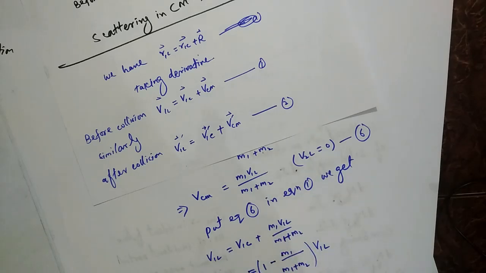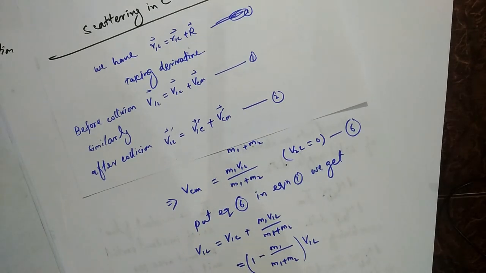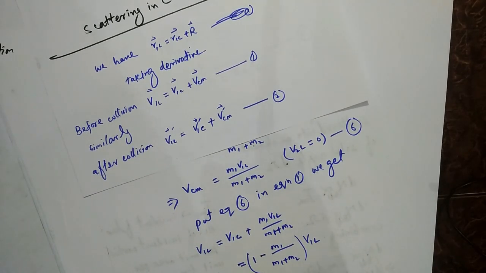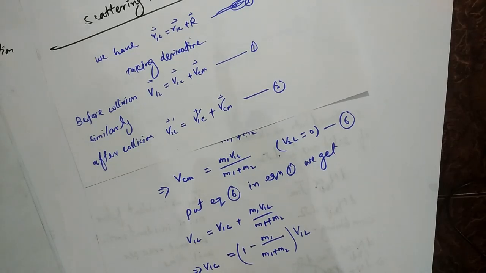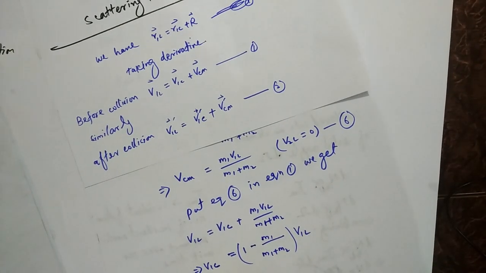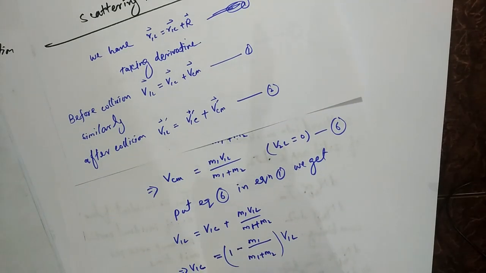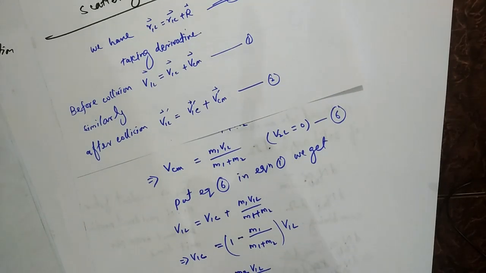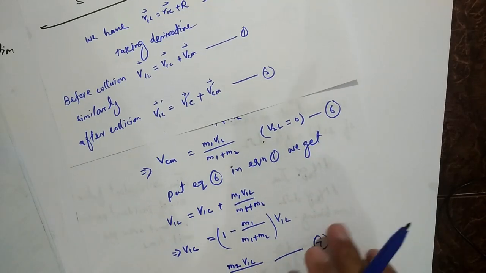Bringing this term to the left side, it will become negative, and taking common v1L from both the terms, and taking LCM of these two, v1c will be equal to m2 v1L upon m1 plus m2. Let this be equation number 7.